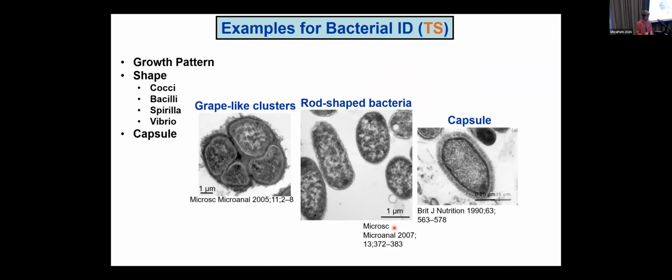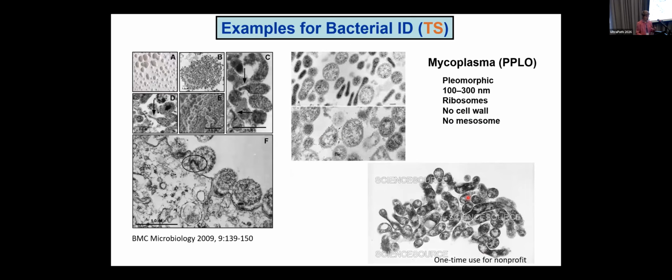Here are other bacterial examples. This one is growing in grape-like clusters. It's pseudospherical or coccoid. This is a rod. It's gram-negative. This is a rod as well. But in addition, the one on the right has a capsule around the outside. And the capsule helps the bacteria evade the immune response.